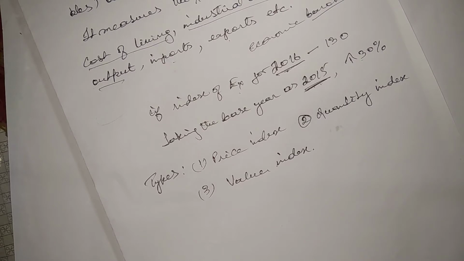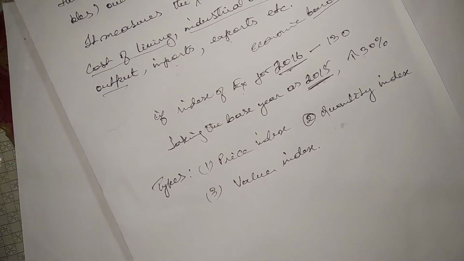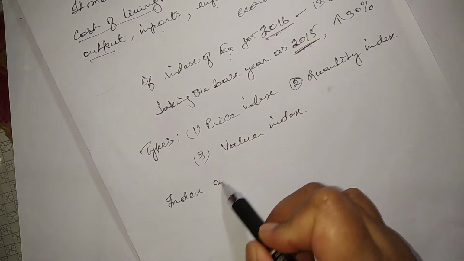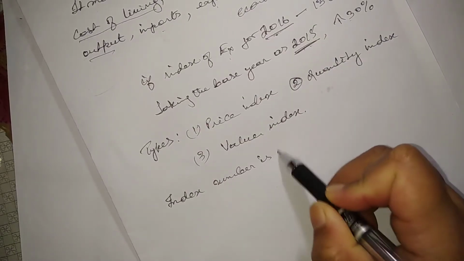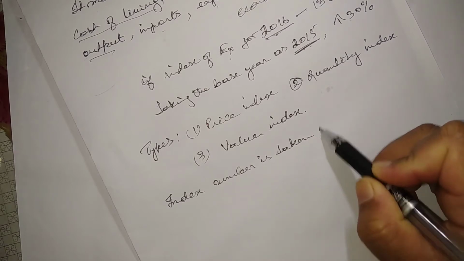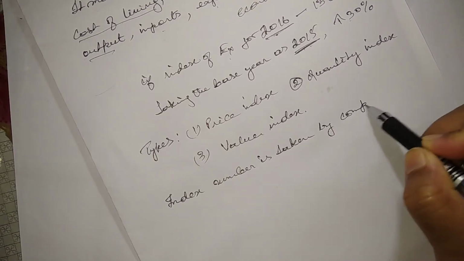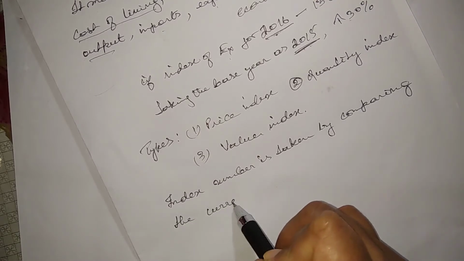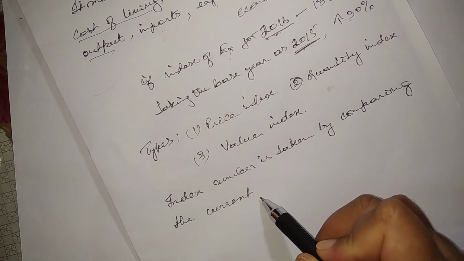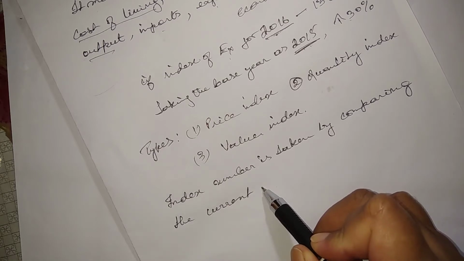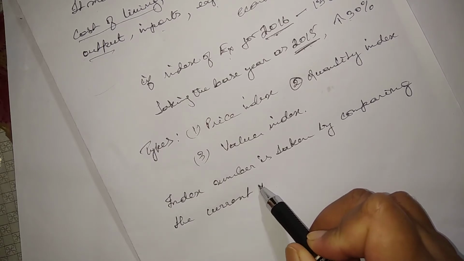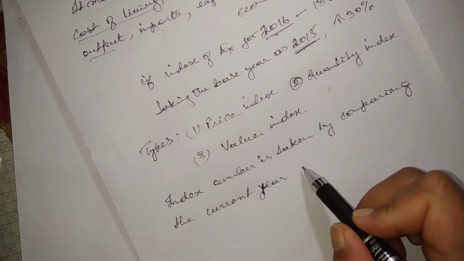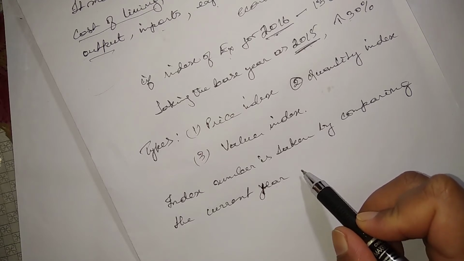This index number is taken by comparing the current year or the current prices. In a year, so many changes can take place, either price, quantity, or value, or anything.